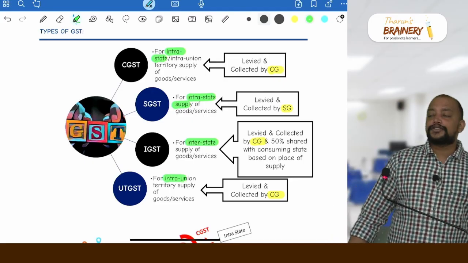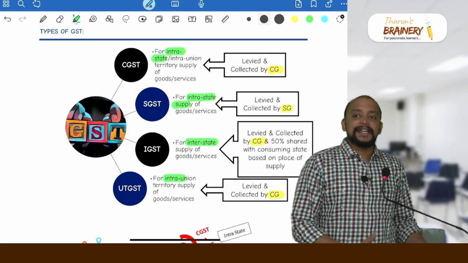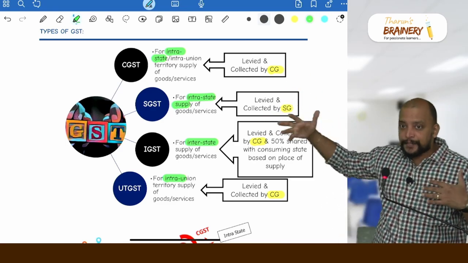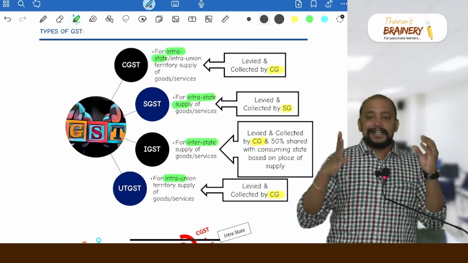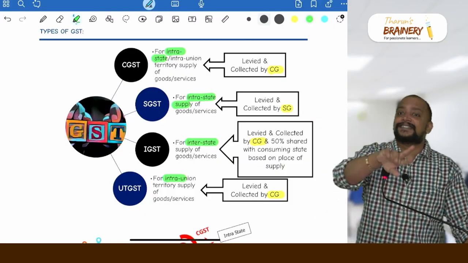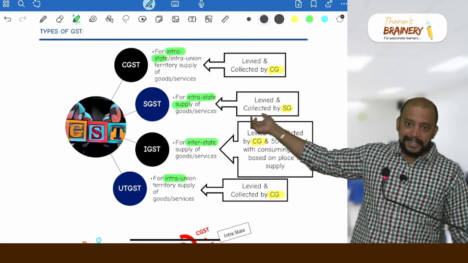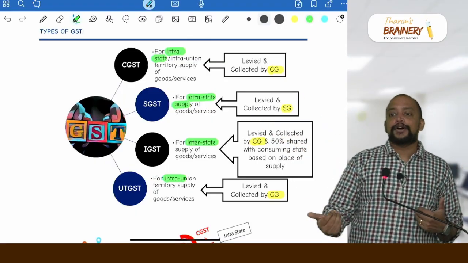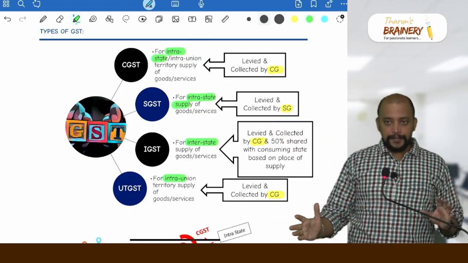Now we need to understand the difference between intrastate supply and interstate supply, because accordingly it is divided. Why do we need to determine intrastate and interstate? To know which tax is applicable, because in some cases CGST and SGST apply, in some cases IGST applies. So for that reason we need to know what is intra and what is inter.